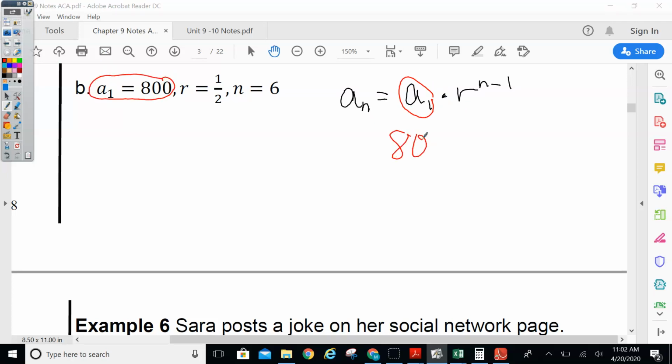So 800 times r is 1/2. So 1/2. And I'm going to go ahead and plug in the n here. It wants the 6th number in the sequence, so I'm going to do 6 minus 1 as my exponent.